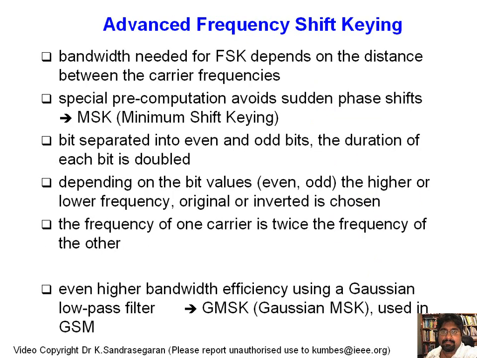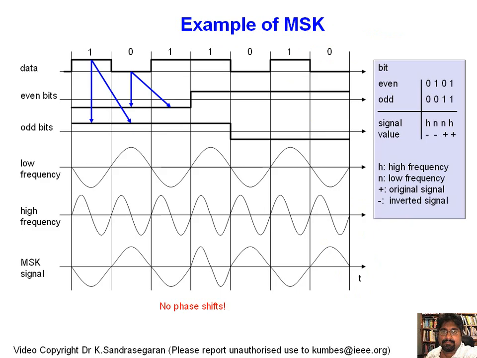Now there are also other types of frequency shift keying. There's something called minimum shift keying, and that is used in GSM, for example. In this one, we essentially take a data signal.